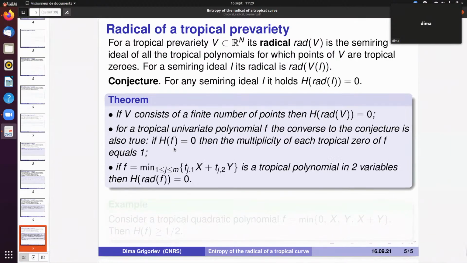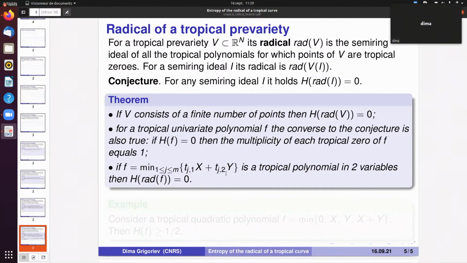And the second particular case is the case of the homogeneous tropical plane curve. So if we consider a single homogeneous tropical polynomial in two variables, its tropical prevariety is a tropical curve. Actually, in the homogeneous case, it's quite simple. It consists of a single vertex and several rays emanating from it.